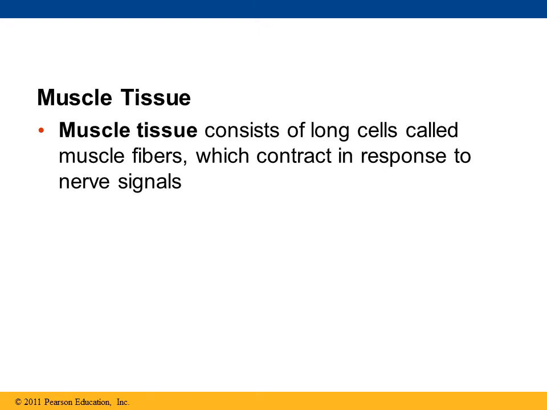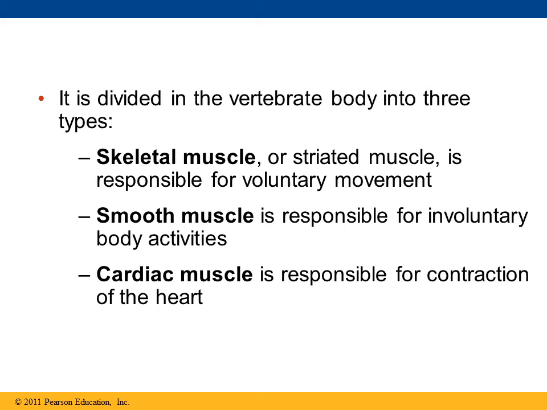So let's go into the next category of tissues, which is muscle tissues. Muscle tissues consist of long cells called muscle fibers that contract in response to nerve signals. So the muscle tissue is divided into 3 types: skeletal muscle, smooth muscle, and cardiac muscle.